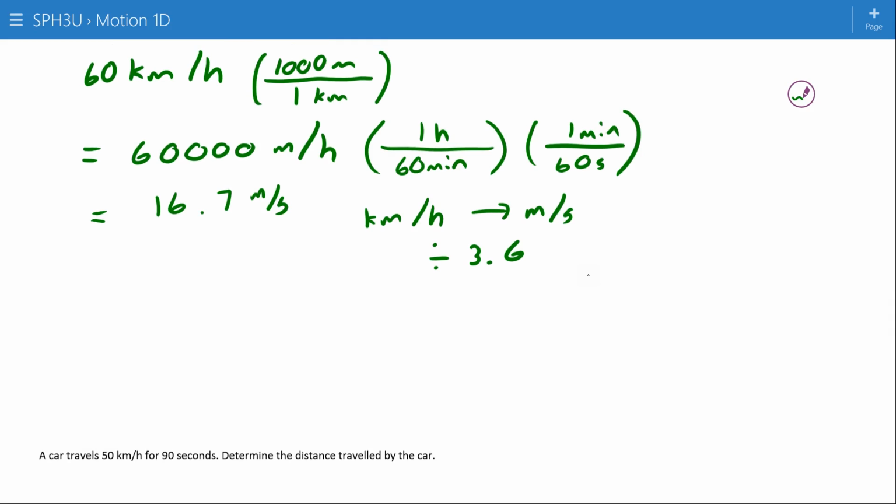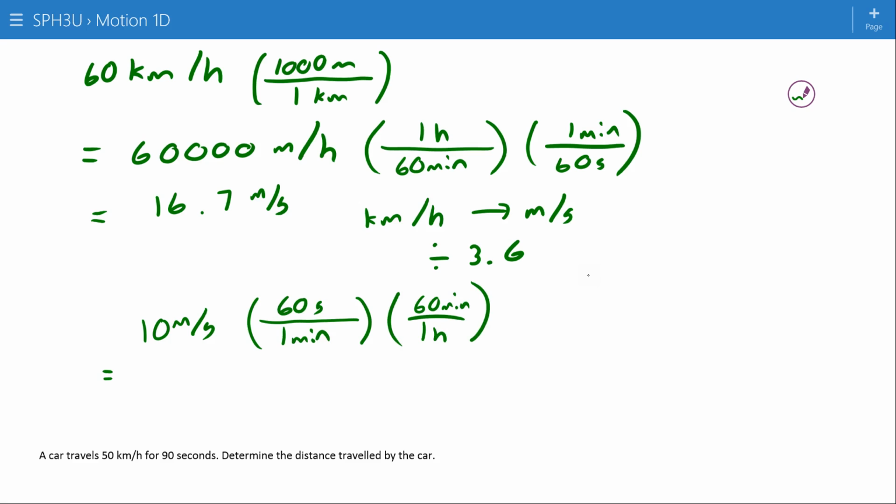Alternatively, let's say we had something like 10 meters per second. Again, maybe this is a car or something, it doesn't particularly matter. And I want to go to kilometers per hour. Well, the first thing I'm going to do is figure out how many meters I'm going per hour. Here I recognize that there are 60 seconds in 1 minute, and there are 60 minutes in 1 hour.